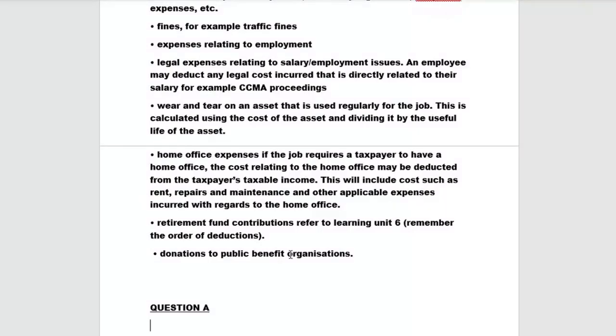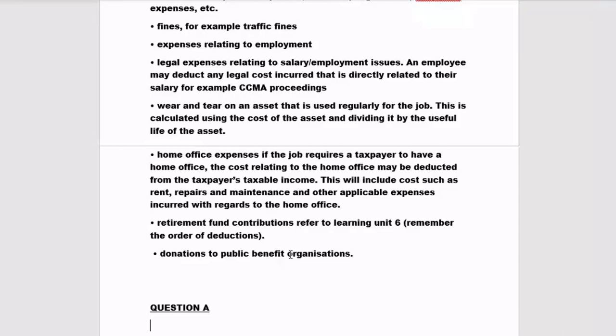Remember, when you're using your room, it's treated like the operations of your work or your business. The design in regards to that will actually be your own responsibility. These will include costs such as the rent, repairs, maintenance and other applicable expenses incurred with regard to the home office.